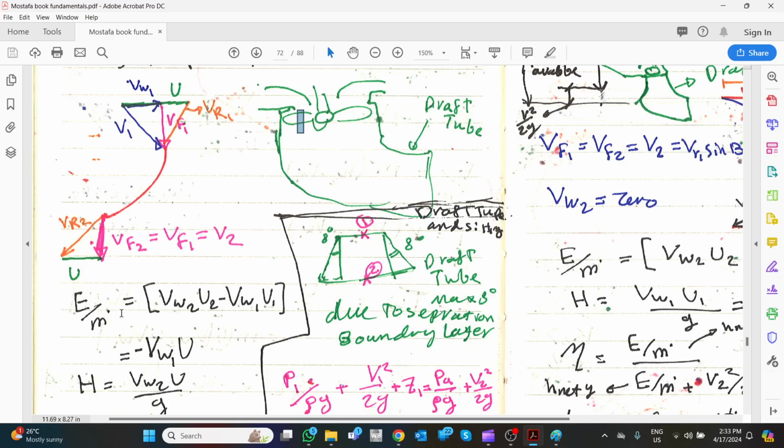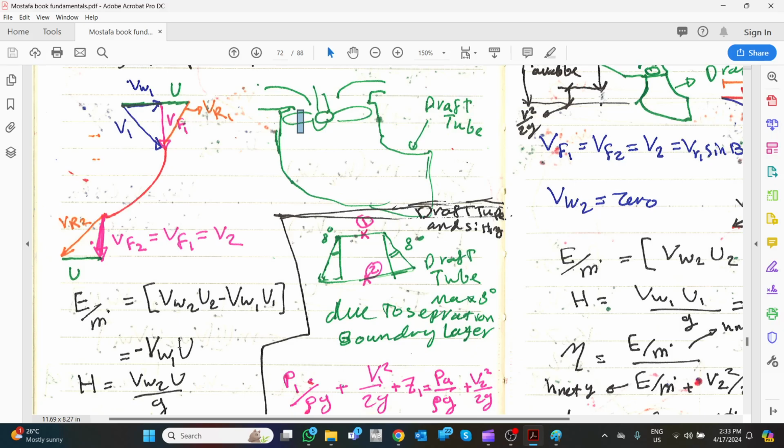So energy or power divided by mass flow rate is whirling minus whirling. We know that the whirling velocity 2 is equal to 0 because V2 is vertical. Same concept, it will be minus whirling velocity 1.